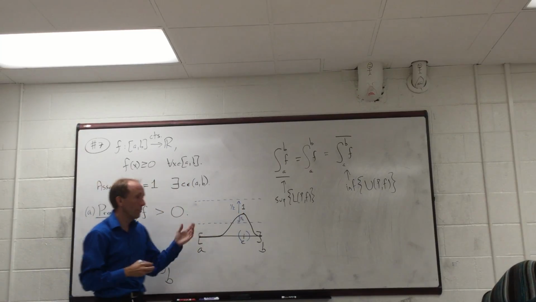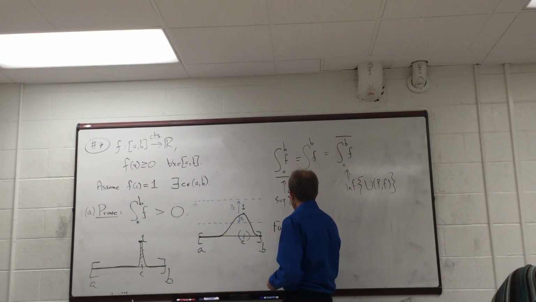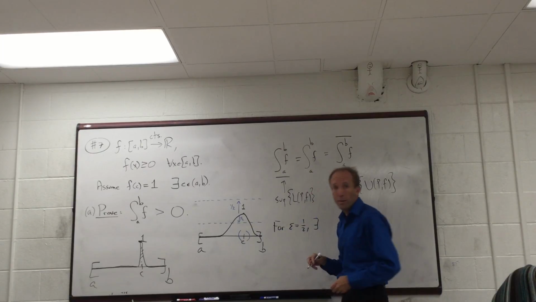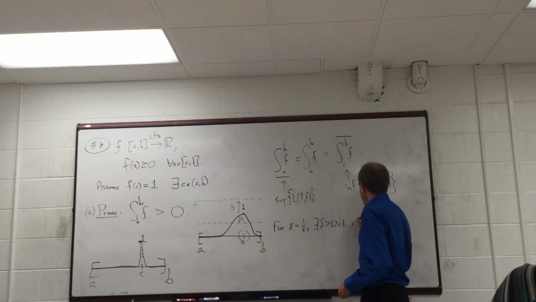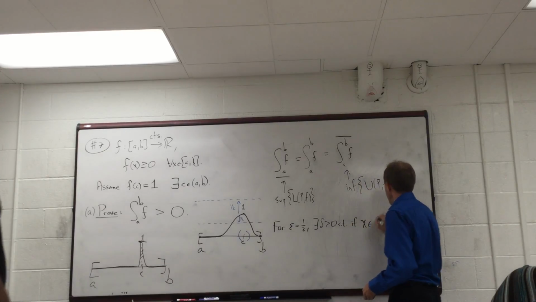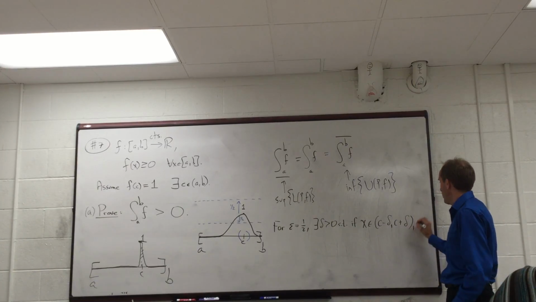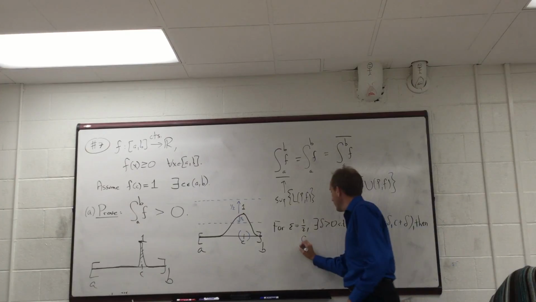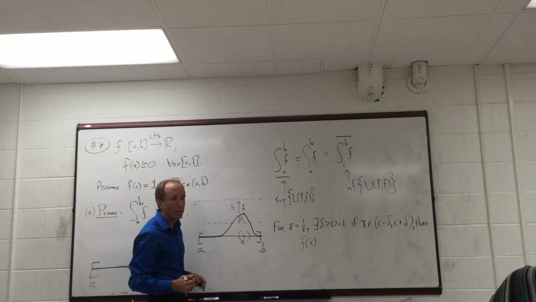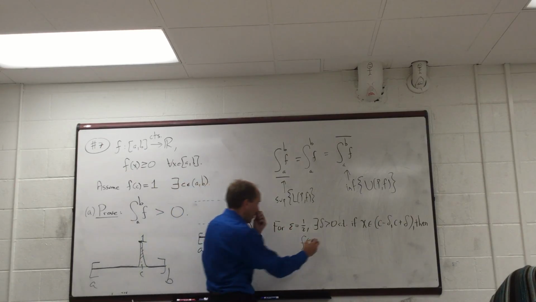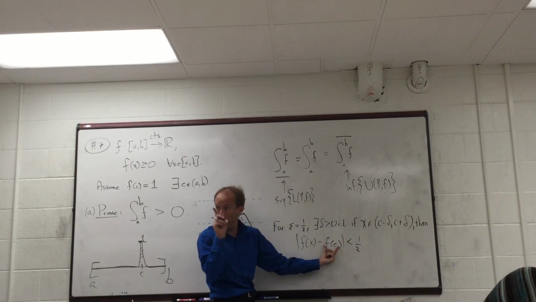And we could say that, given epsilon equal to 1/2, there exists a neighborhood, a delta, basically, such that if x is in (c minus delta, c plus delta), then f of x is between 1/2 and 3/2 if I choose this epsilon, right? So in other words, f of x minus f of c has to be less than 1/2. But what does that really mean? f of c is 1.